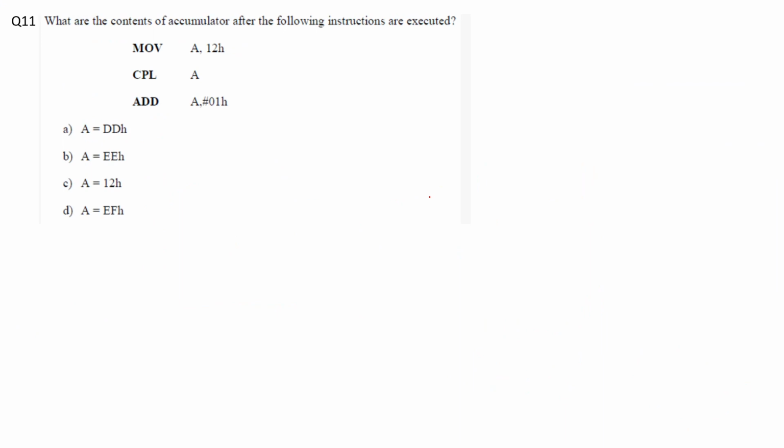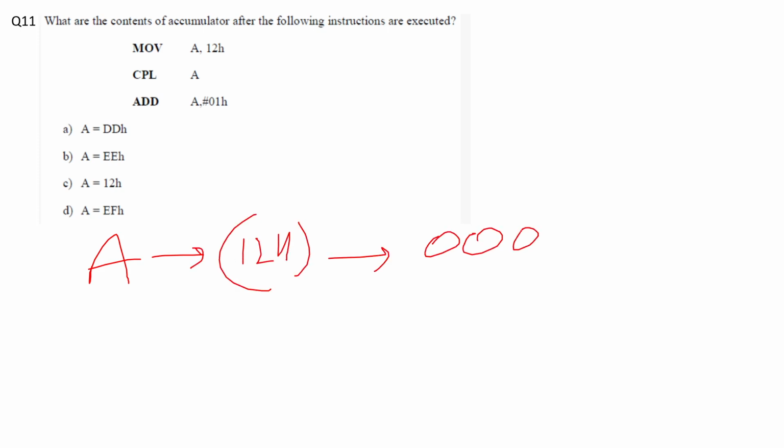Now I have this question. It asks what the contents of the accumulator are after the following instructions are executed. First, move A 12, so A is 12 hex, that is 00010010.